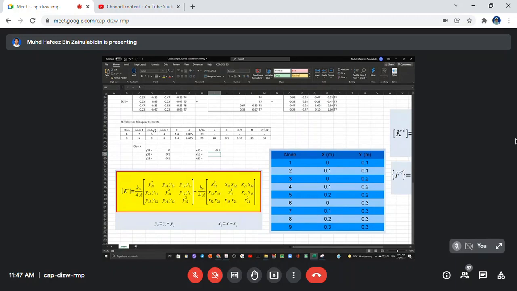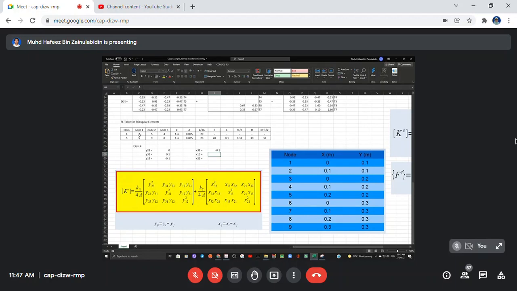Next x13, x1 minus x3. x1 for node 1, which is 2, minus node 3, which is 4.